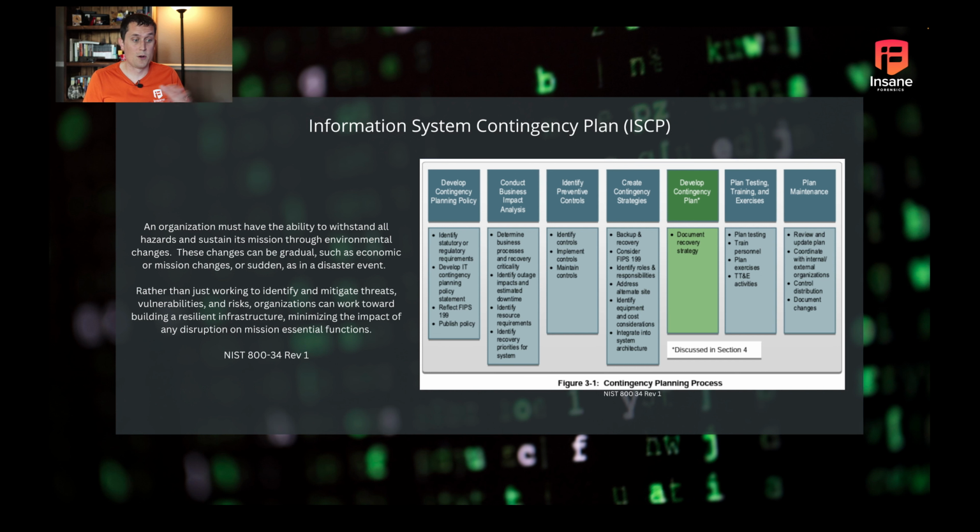What's also important with this plan is, rather than just thinking about threats, vulnerabilities, and risks, the really awesome part of pushing towards resilient infrastructure is thinking about those core parts of your business that could be impacted.